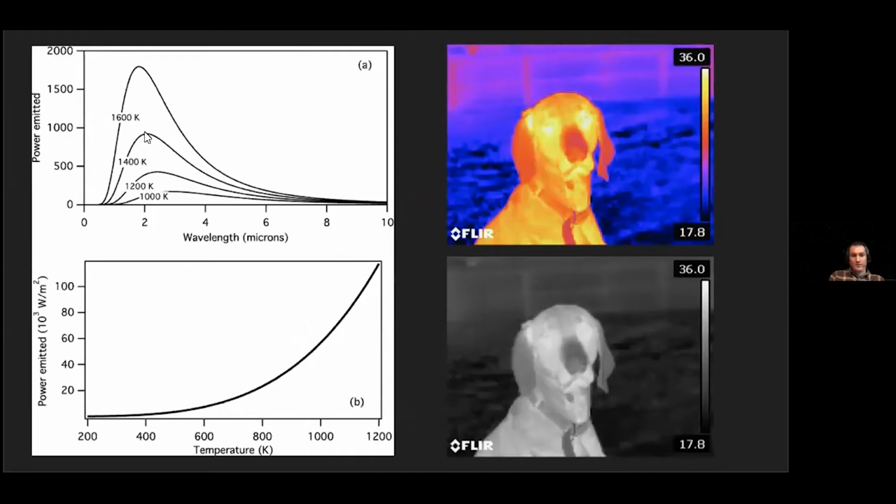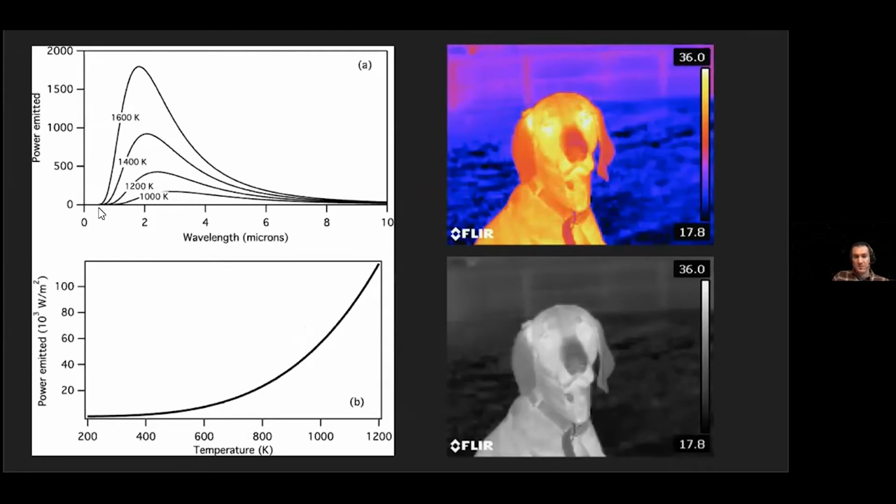The figure here on the left-hand side is showing us the relationship between an object's temperature and the peak of its wavelength of emission. For the Sun, its surface temperature is around 6,000 Kelvin. We're using the Kelvin scale here. It's very similar to Celsius. It just has the negative values of the Celsius scale removed.